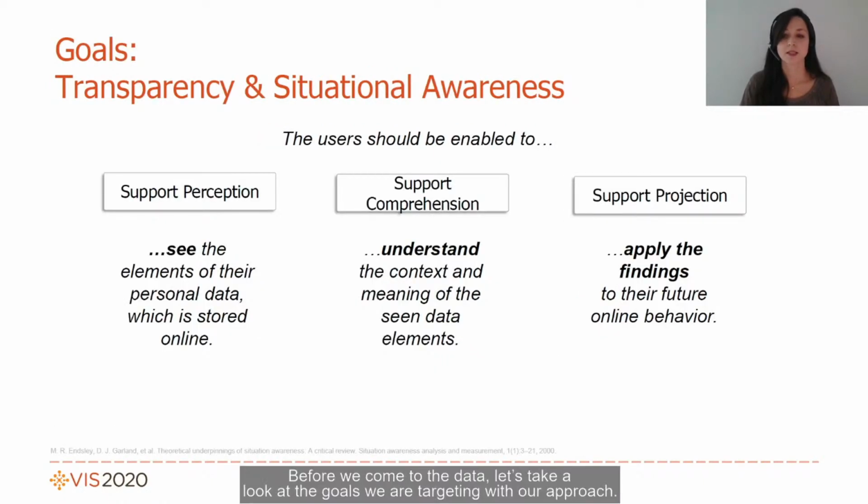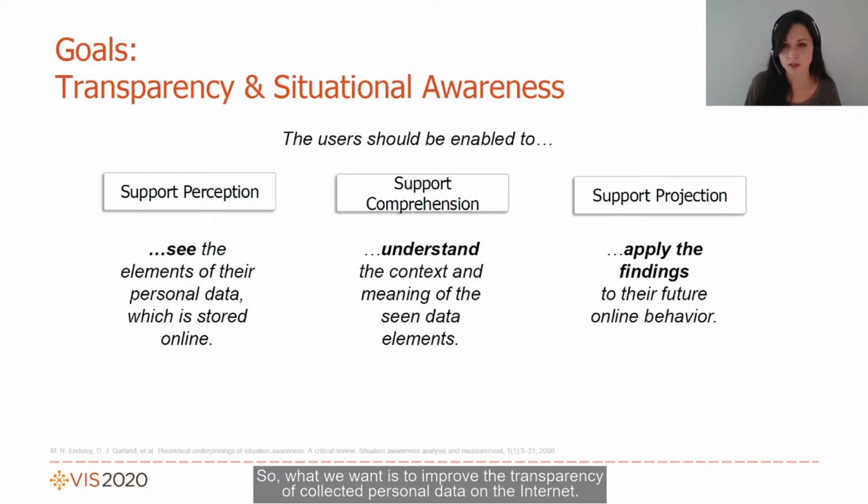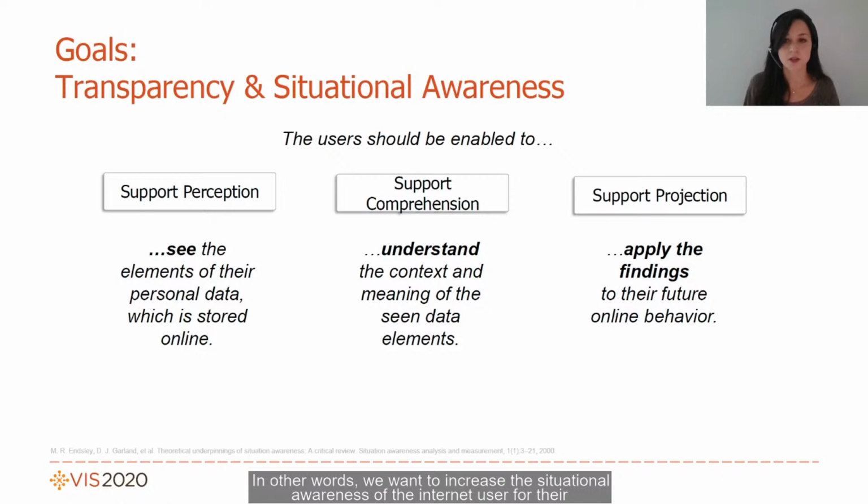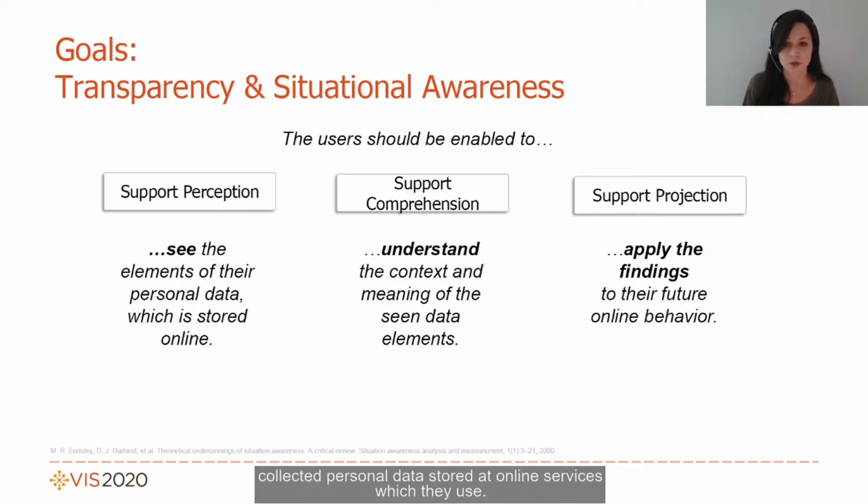Before we come to the data, let's take a look at the goals we are targeting with our approach. So, what we want is to improve the transparency of collected personal data on the internet. In other words, we want to increase the situational awareness of the internet user for where collected personal data is stored at the online services that we use.